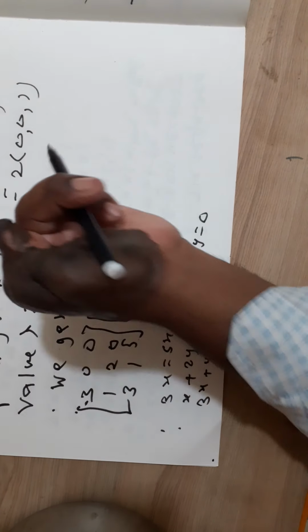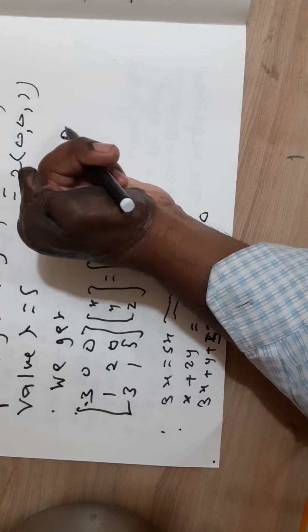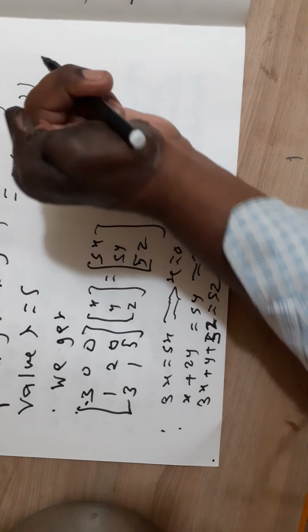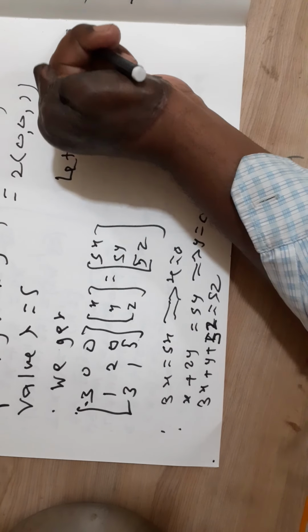Now let the matrix A be equal to 0, 1, minus 1, 0.